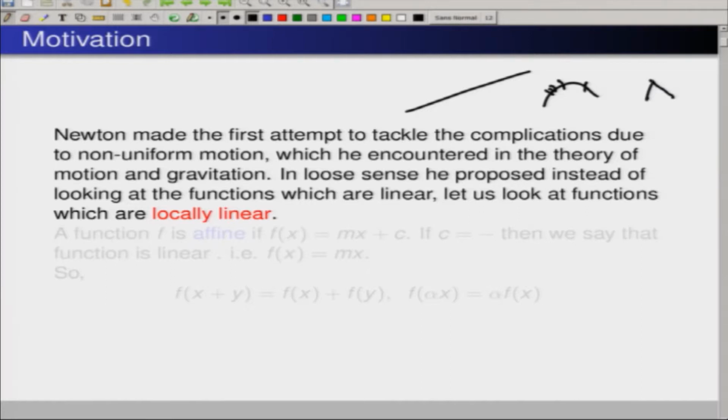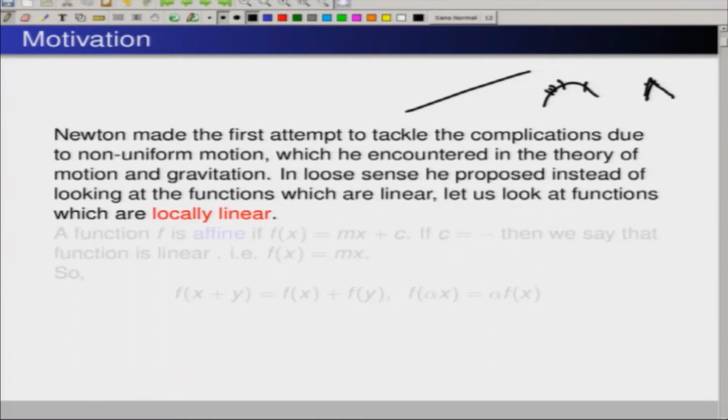At this point, whatever small window you make, the function is still not going to look like a straight line. That is what Newton proposed: instead of looking at linear functions, we can think of looking at functions which are locally linear.